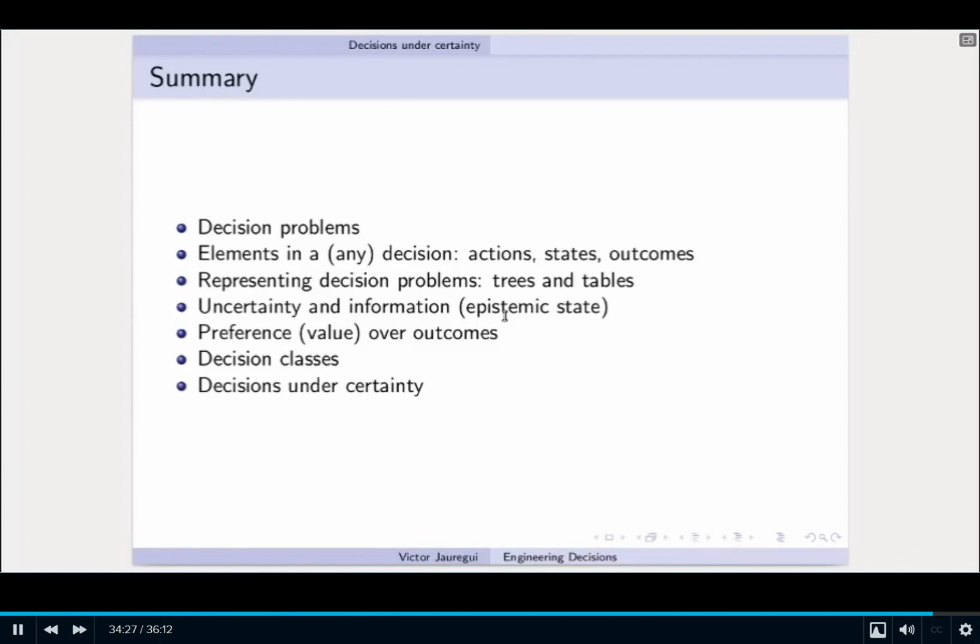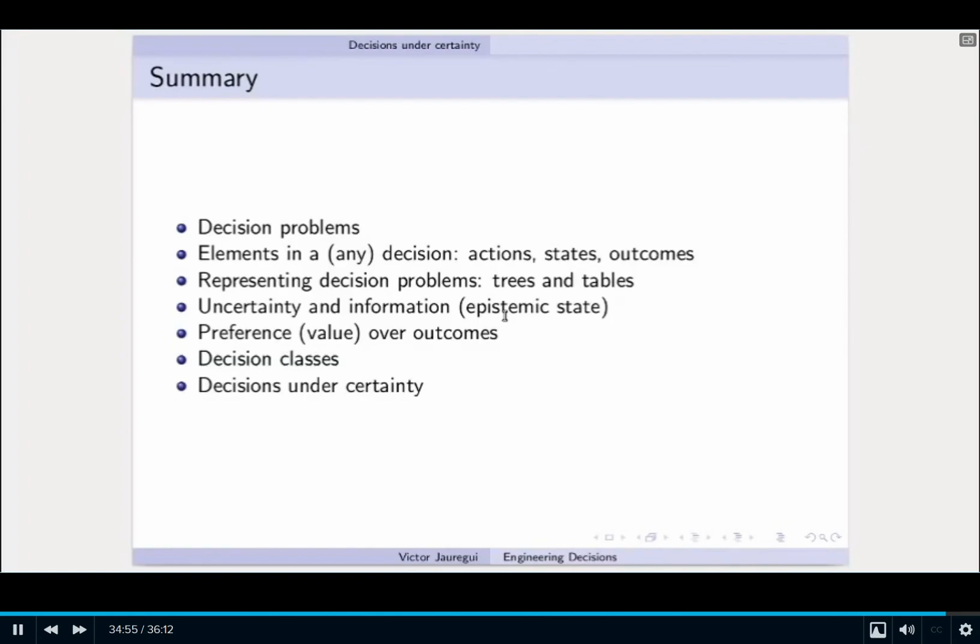We framed a decision problem in terms of some basic elements: actions, possible states of the world, and outcomes. Then we assembled these elements together to give some structure to our problems, to represent the decision problem, either as a tree or as a table.